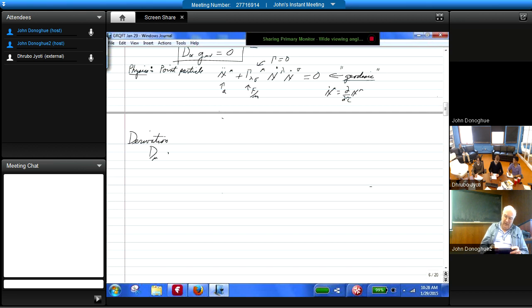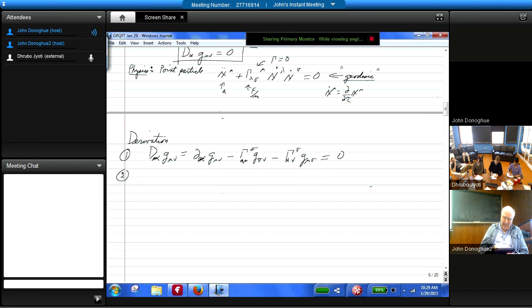You say D alpha g mu nu is d alpha g mu nu plus, now minus gamma g minus gamma g, and let's fill in the indices: alpha mu sigma, then I want sigma nu, and alpha nu sigma mu sigma. This is going to be equal to 0.